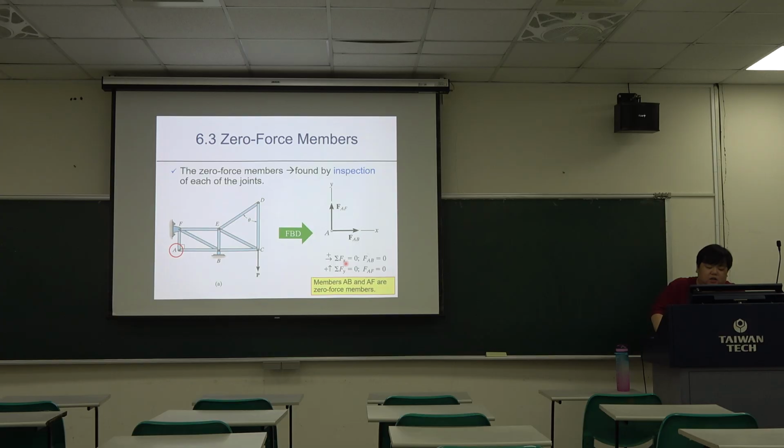Then when we do the summation Fy equals 0, you also get FAF equals 0. So we call members AB and AF zero force members.